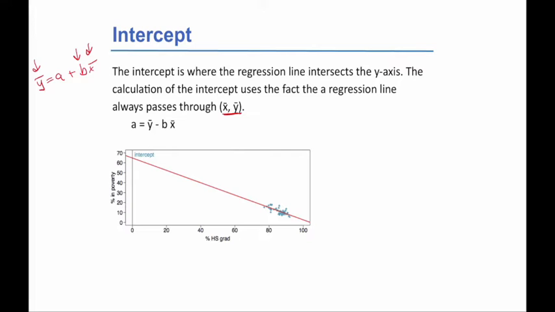So, with our percent high school graduation rate, if we plug in the x bar and the y bar, we get an intercept that's 64.68.